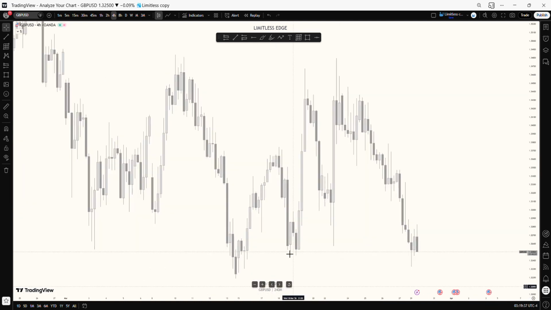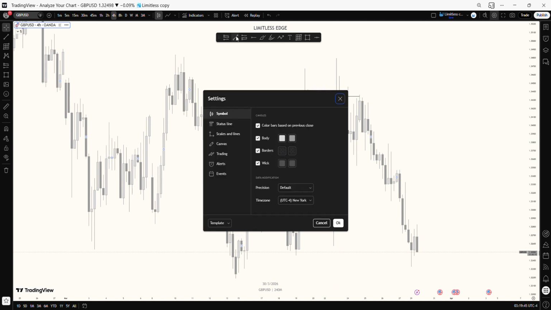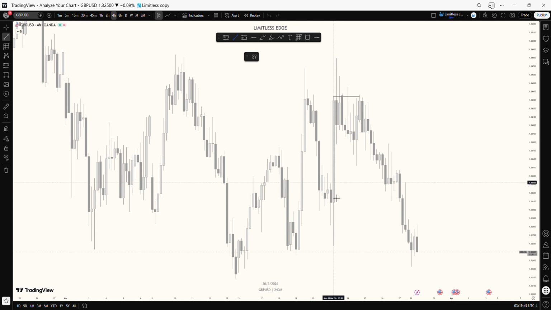You can see this high and this low. It's there on the daily, and it's also there on the 4 hour. You can see that it's just the same CRT confirmation entry.